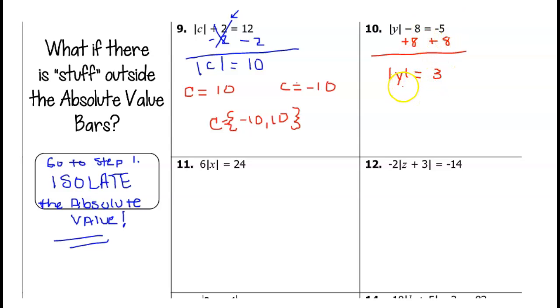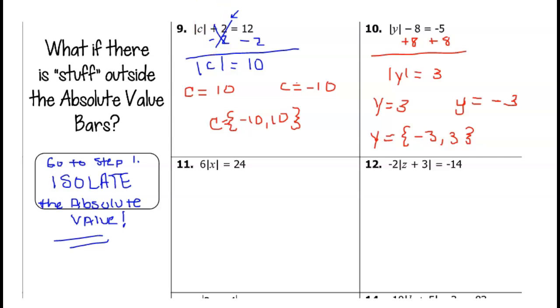And now this looks exactly like what I am used to dealing with, right? I set y equal to 3, and then y equal to negative 3, right? Just pulling it out of the absolute value. My solution set then would be y equals negative 3 and 3.